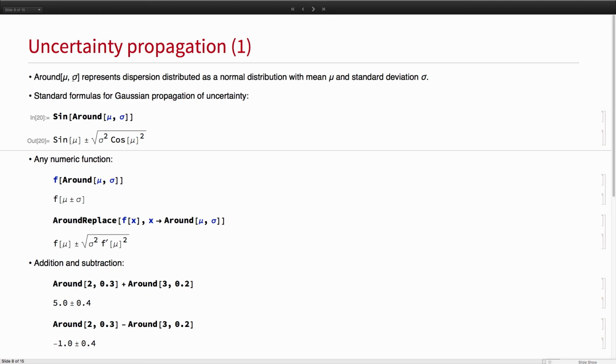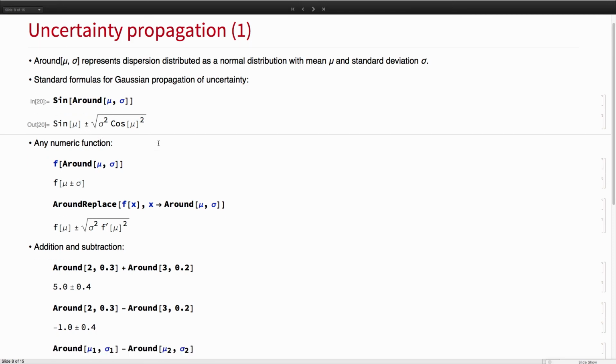When you combine and do the proper statistical operation, you get these formulas, which are a linear approximation to the exact formulas. For an arbitrary function that we don't recognize as numeric, this doesn't do anything.